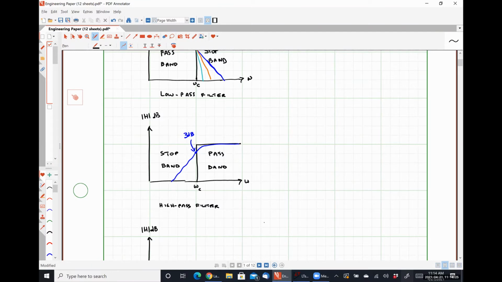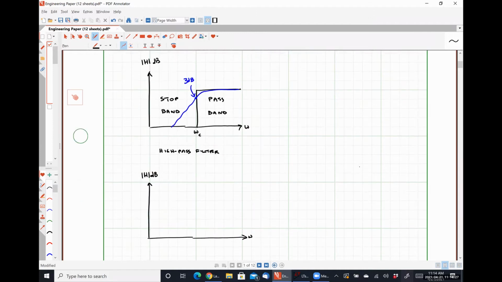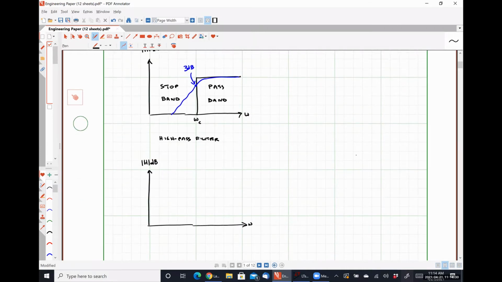Okay, so our high pass, no, excuse me, not high pass filter. The next one we're going to talk about is what's called a band pass filter. And a band pass filter has a center frequency, omega naught.